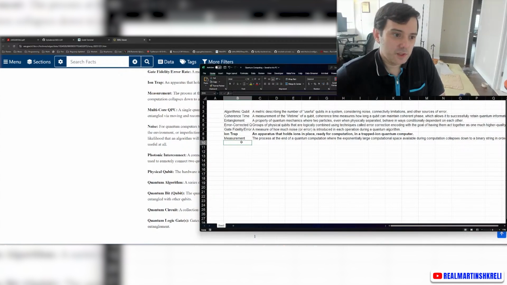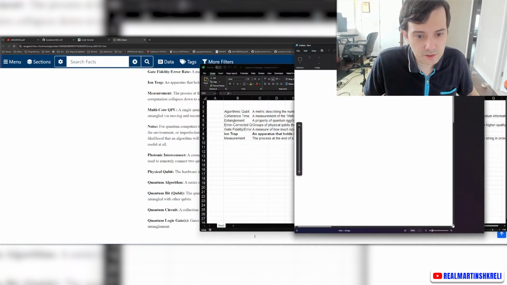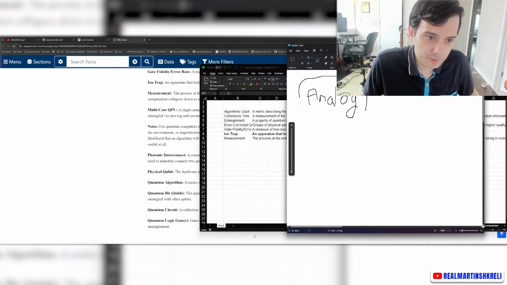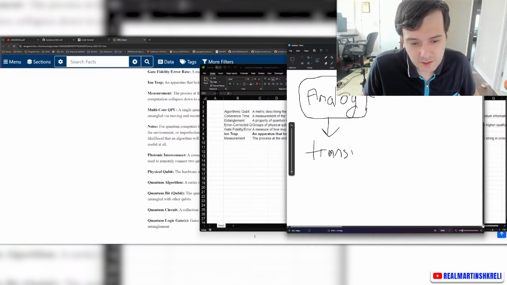What's funny is we used to try this, and we had a field called analog computing, which we talk about a lot in my Discord. People would use wood or screws or whatever to represent bits. Then we moved to the transistor, and we forgot about analog computing. And the question is, is there a better way than transistors to represent states?